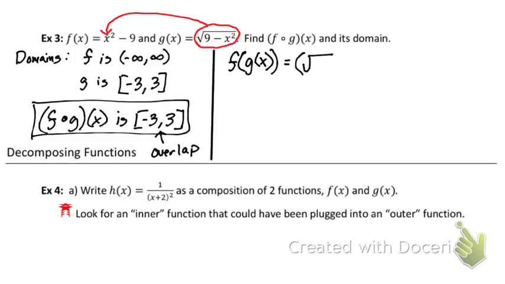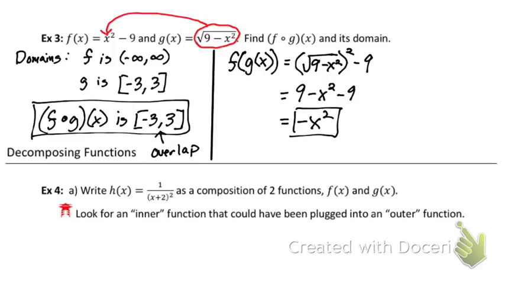So this is going to be the square root of 9 minus x squared, minus 9. I guess we do the square, so we can simplify that a little bit, which is going to equal 9 minus x squared minus 9, which is going to equal negative x squared.